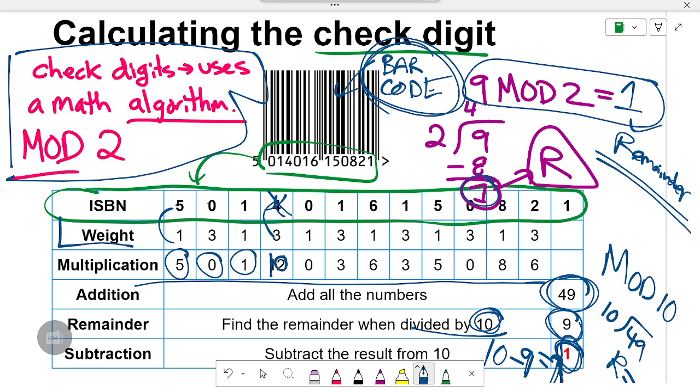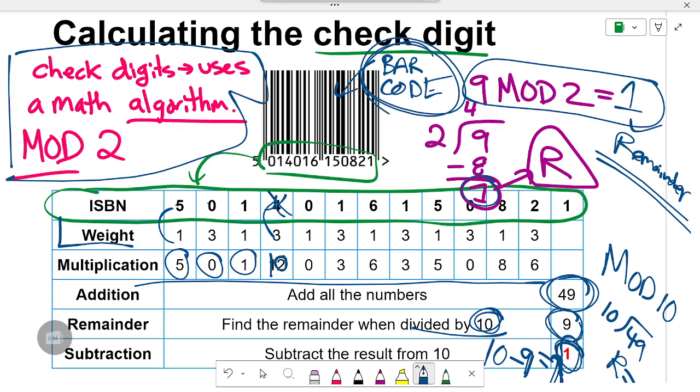So mod means the remainder of a division. The remainder of a division. Mod means 9 divided by 2 and then what is the remainder?